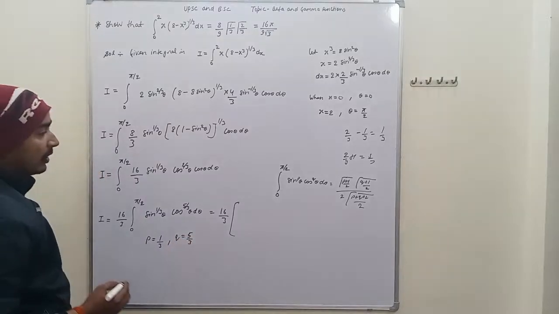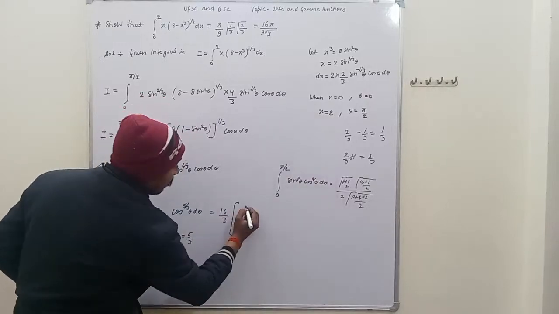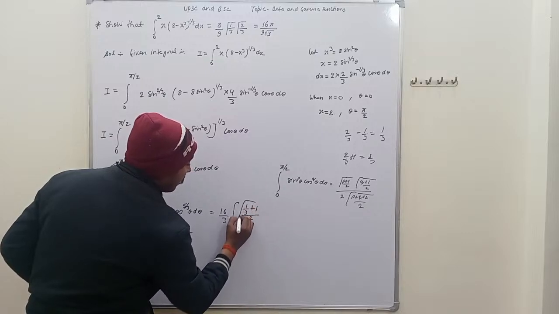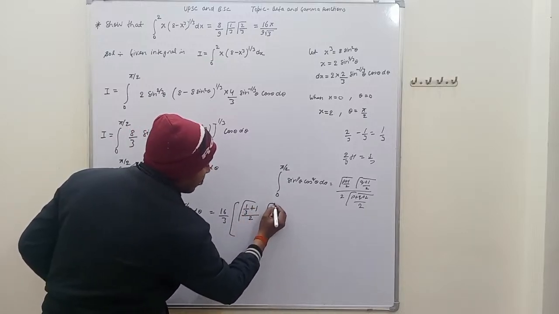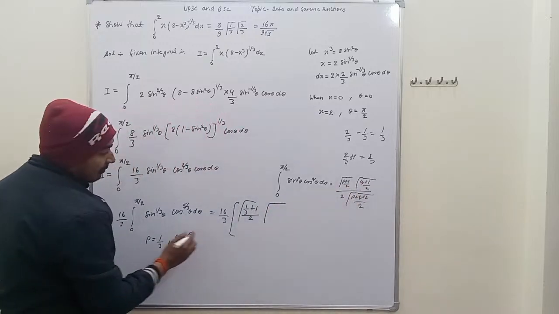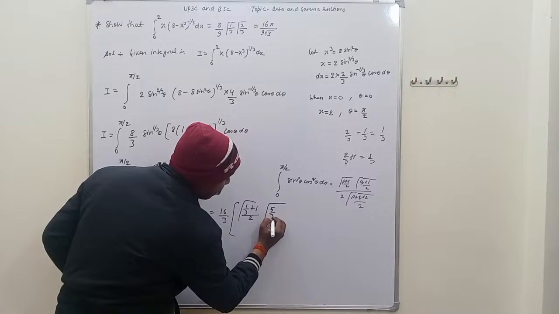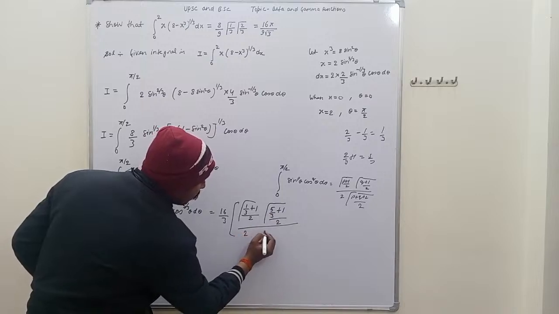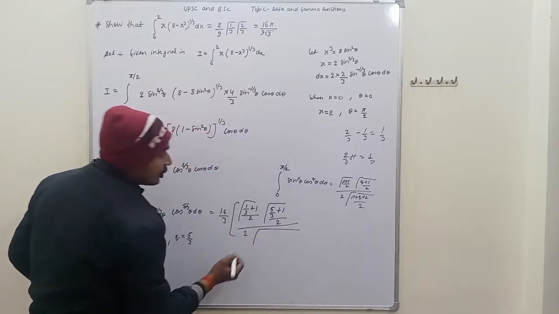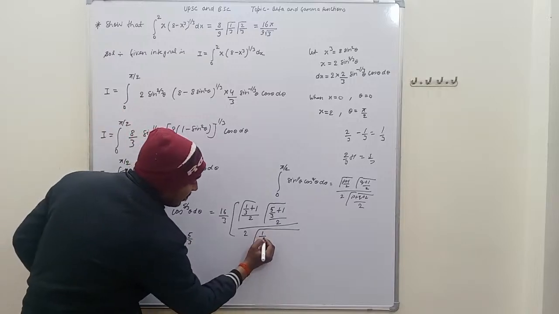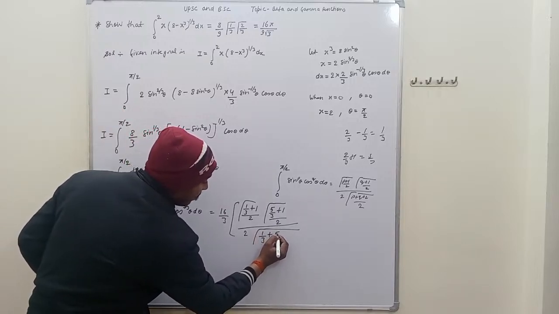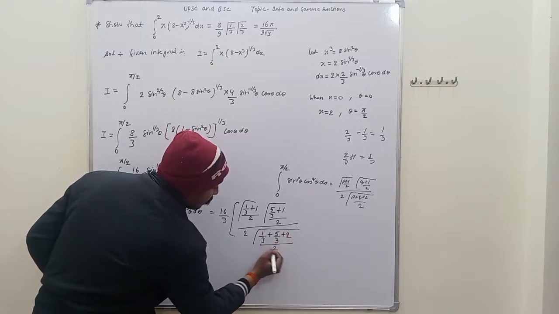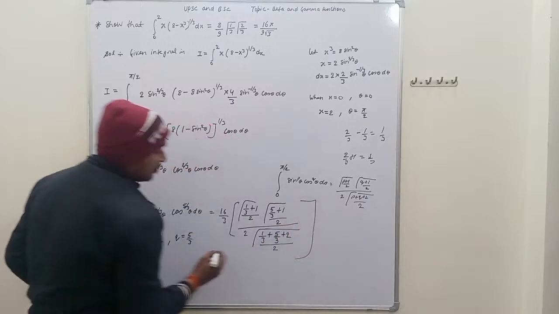So we put in place of p, gamma of (1 by 3 plus 1) upon 2, and gamma of q plus 1 by 2, q is 5 by 3, (5 by 3 plus 1) upon 2, and whole upon 2 gamma of (p plus q plus 2) by 2. Here p is 1 by 3 and q is 5 by 3, plus 2 upon 2, and further we have to solve.